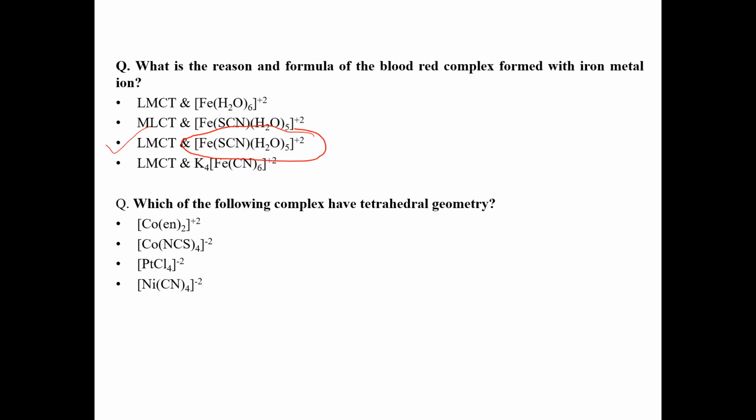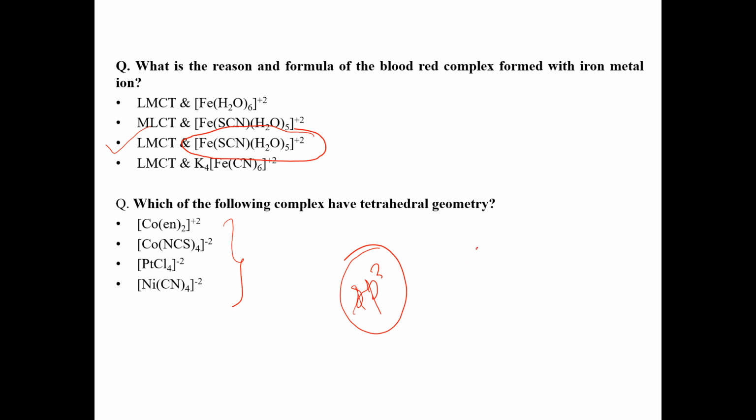Which of the following complexes have tetrahedral geometry, right? Just write down their electronic configurations and fill them in their respective d orbitals. You will get the hybridization, and according to that hybridization you can determine the shape. This concept has been extensively discussed in the classes.